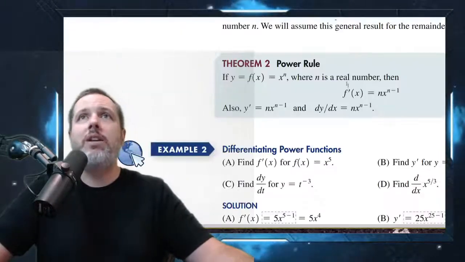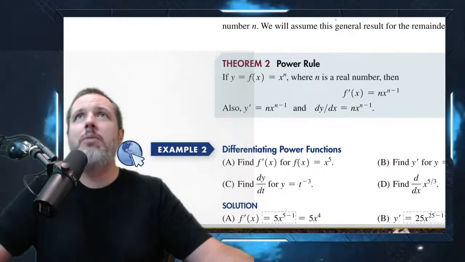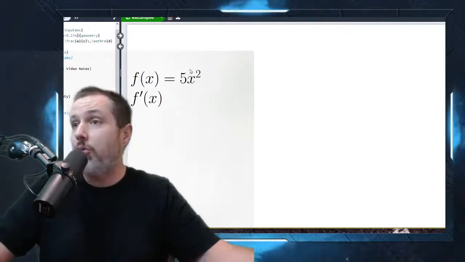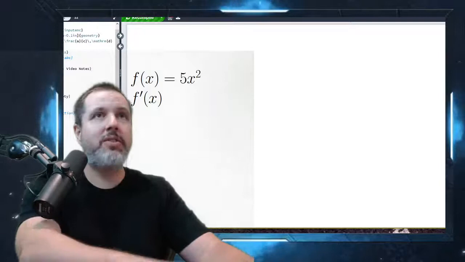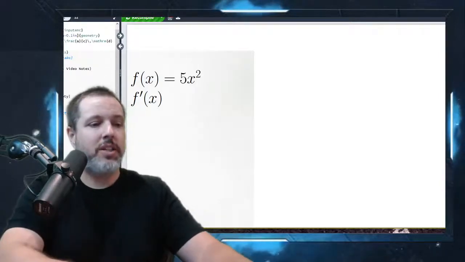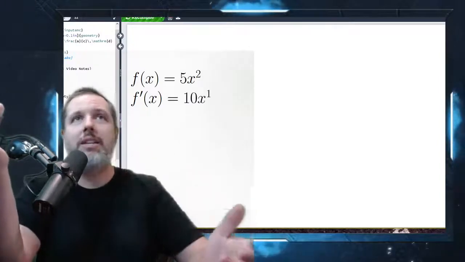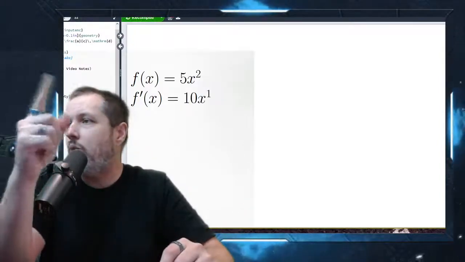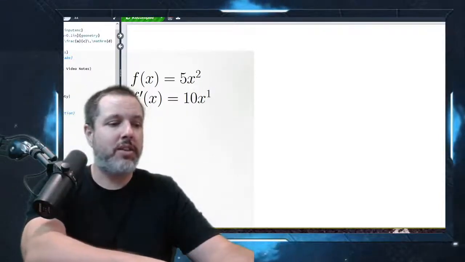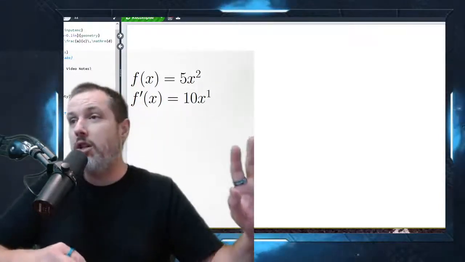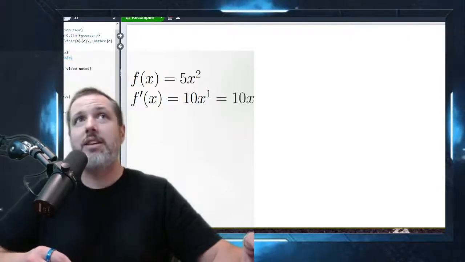Remember right here, the n that was the exponent is now the coefficient. Well, wait a minute, we already have a coefficient, so you multiply them. So 2 times 5, we're bringing the 2 down, 2 times 5 is 10. You decrease the exponent by 1, which makes it x to the 1, and we don't usually write 10x to the 1. I'm just showing you what happens with the exponent. We decrease it by 1. So normally we would just write this as 10x. You're going to love taking derivatives of polynomials because they're super easy because of this, right?